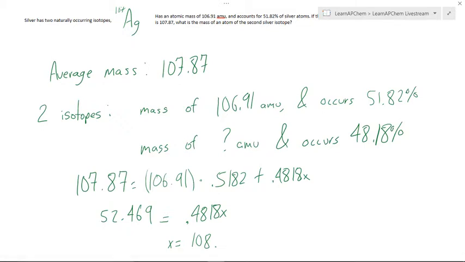Okay, so your answer is actually incorrect, and the reason's twofold. First, we got to this same number here. I don't know, maybe that wasn't your answer, but you have to divide by 0.4818. Secondly, what we're going to get, if you're confused, is 108.90.